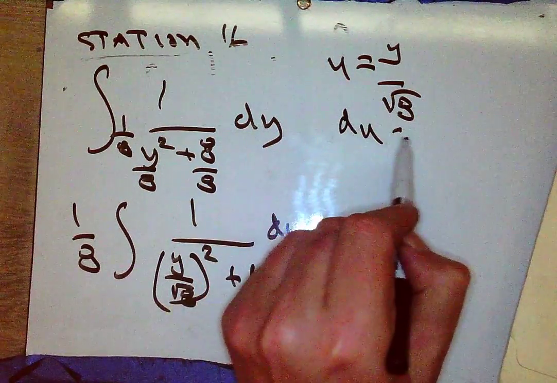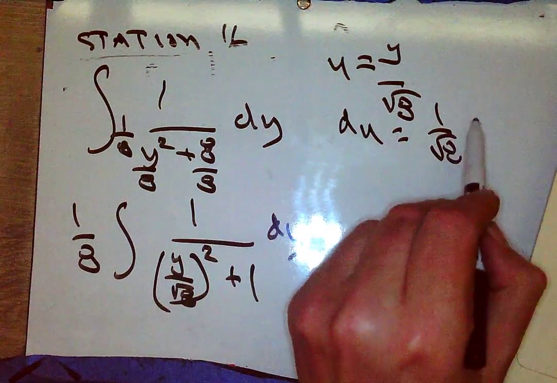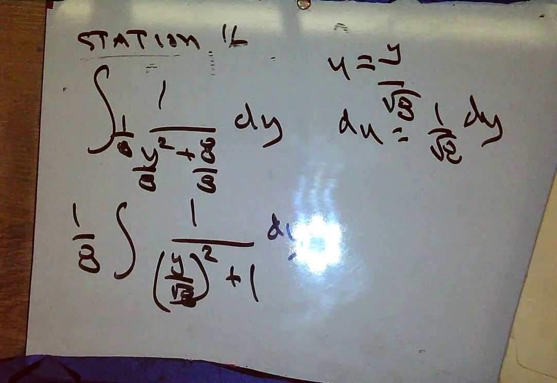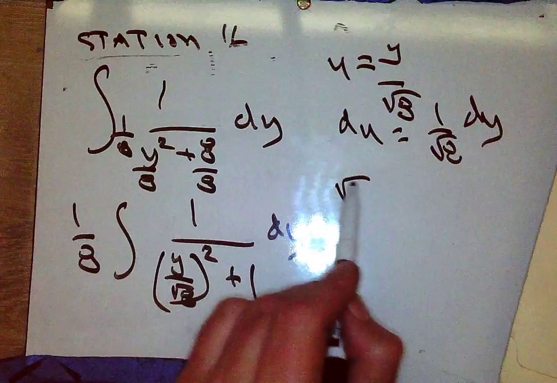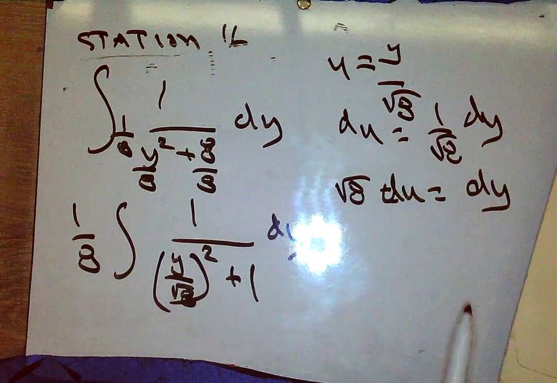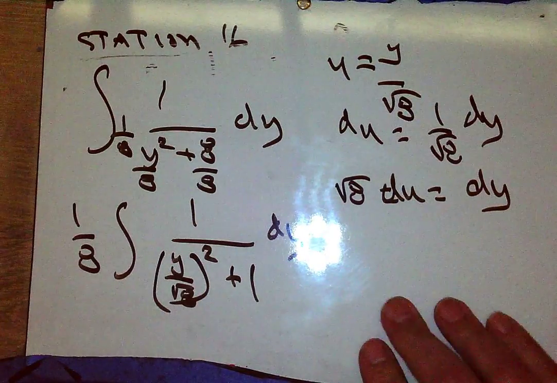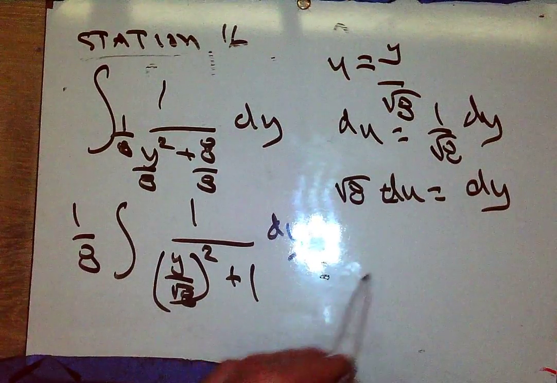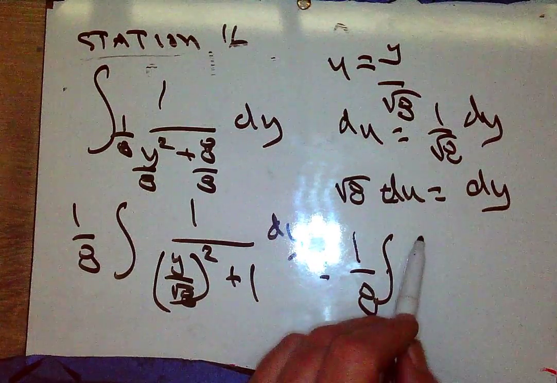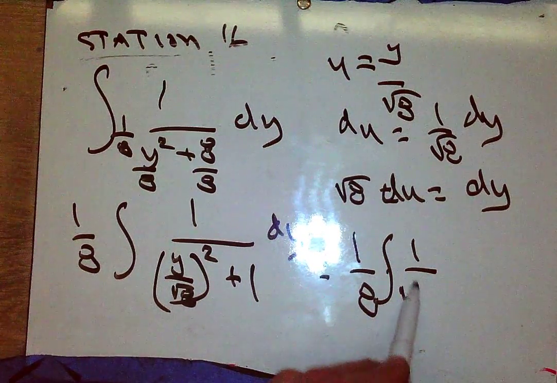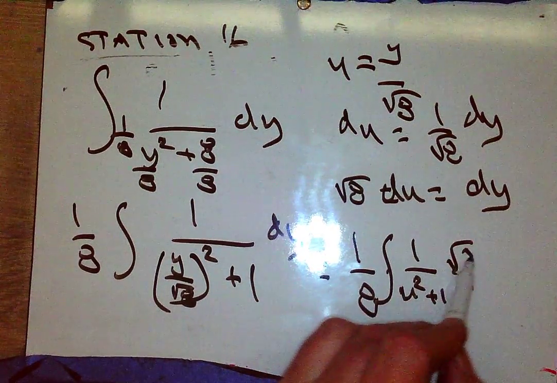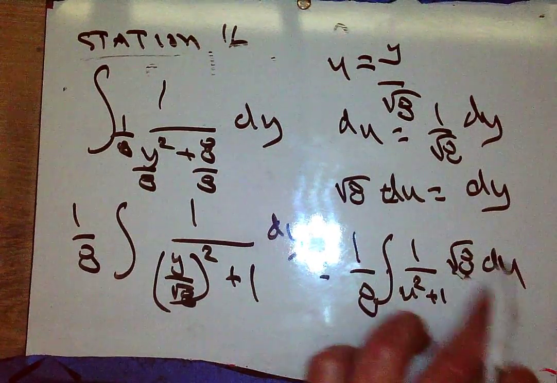Then du is 1 over square root of 8 dy. Root 8 du is dy. Okay, so this is going to be 1/8 times 1 over u squared plus 1 root 8 du.